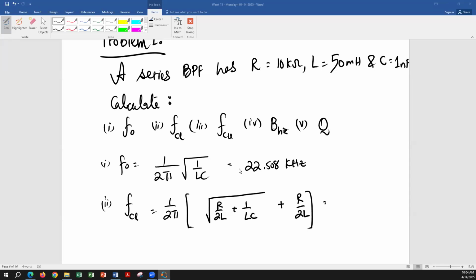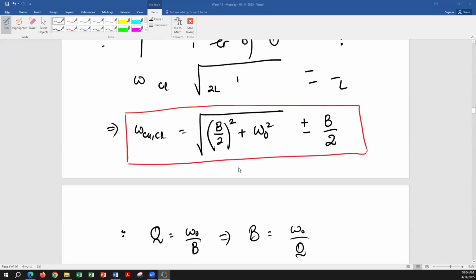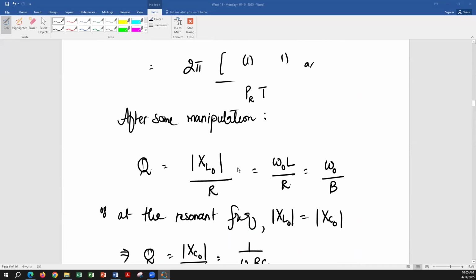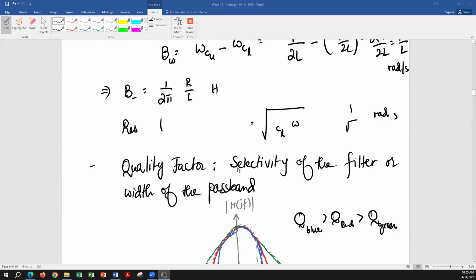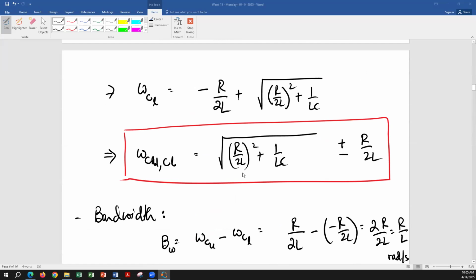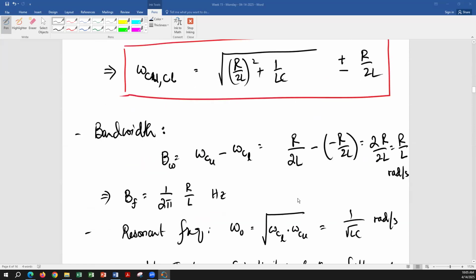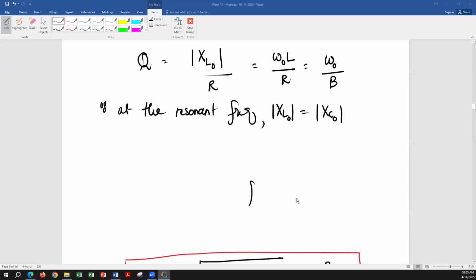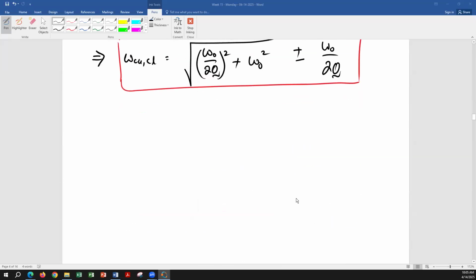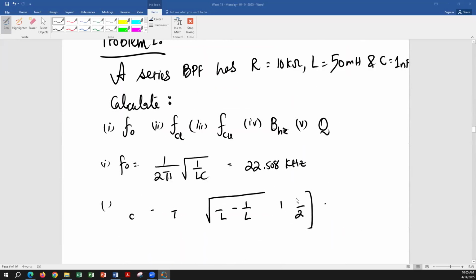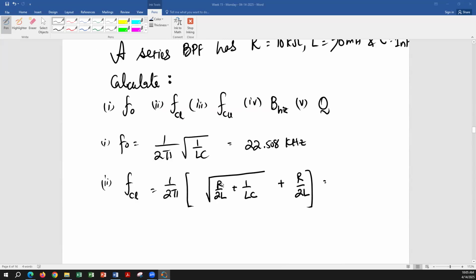Getting an incorrect result. Let me check the equation real quick. R over 2L, squared. Okay, I put R over 12.